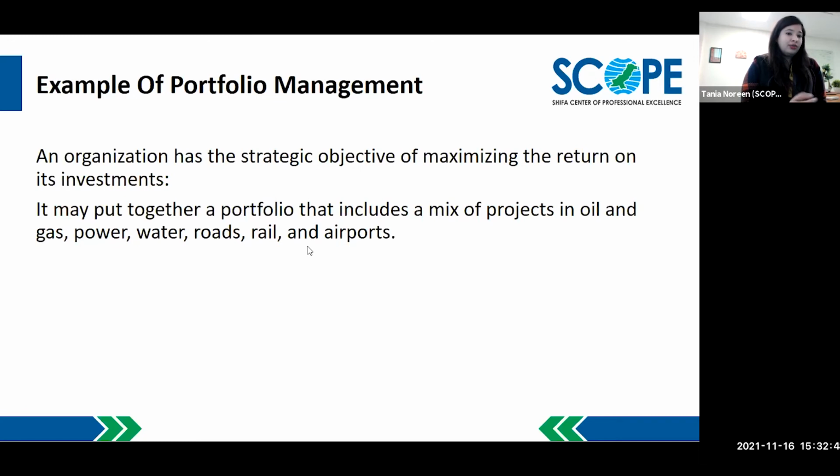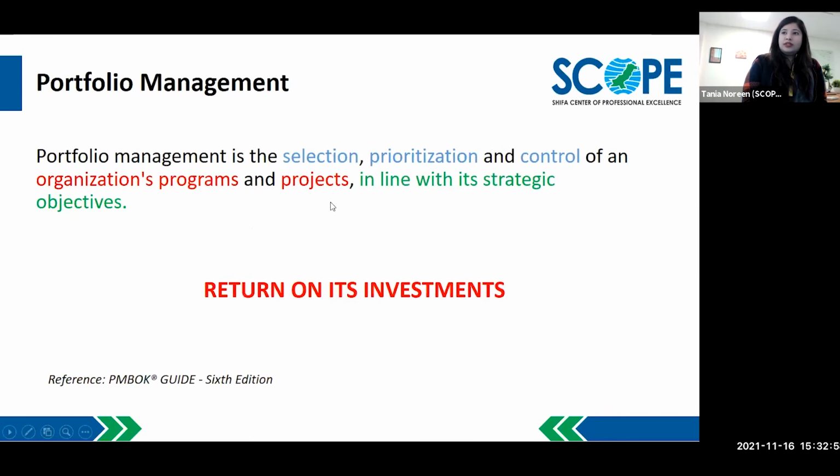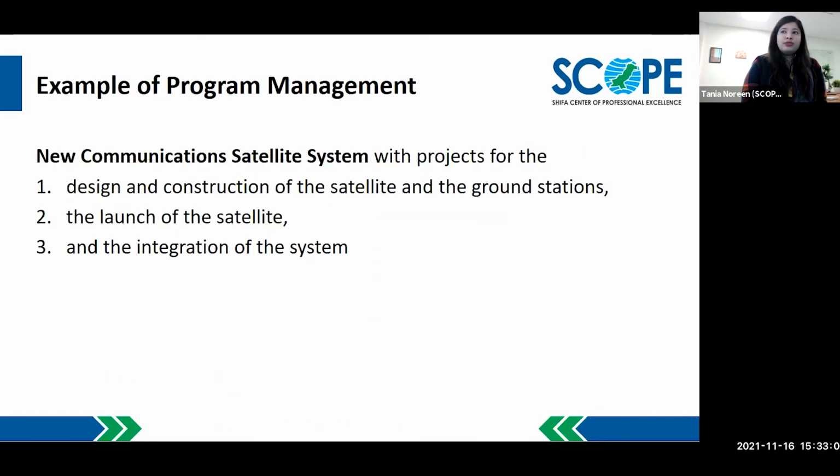Like we studied in our example of program management, the goal was to build a new communications satellite. Projects were 3. We will be designing and constructing the satellite and the ground station. It will be having a start date and end date. Then we will be launching the satellites.